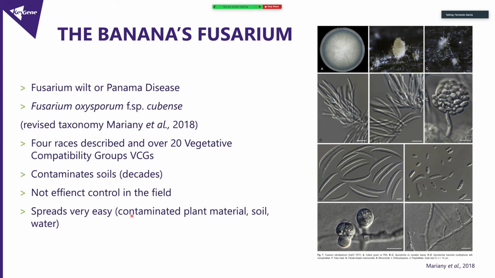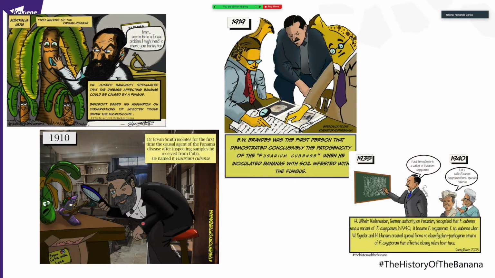Water when it's raining, for example, because when you have these banana plantations, you have to build drainage, and all the water goes there and moves around the farm. That's a way it moves. Also, there is an example in the Philippines in which my colleague took samples from the river, and she could isolate Fusarium from the river.